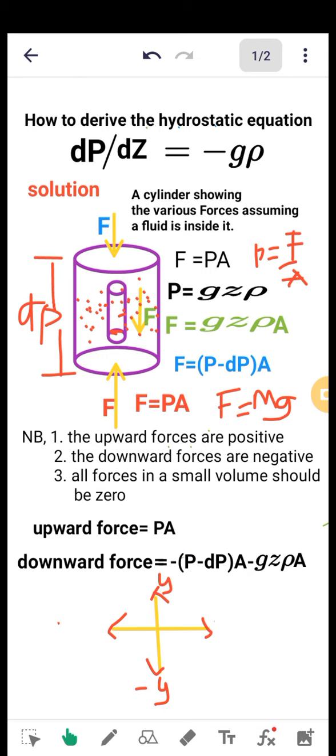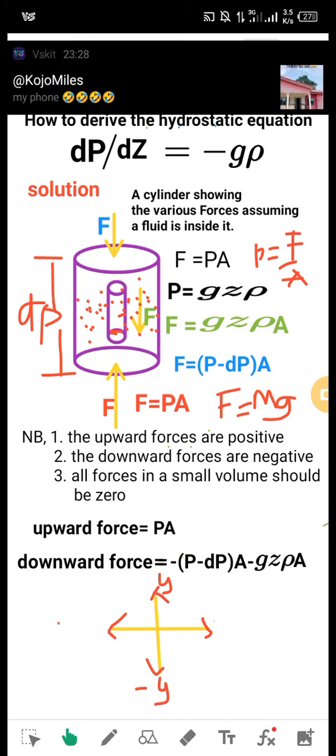And remember, a fluid could be compressible or incompressible. We all know that compressible fluids are a type of fluid that changes significantly when they are being subjected to a change in temperature or pressure.